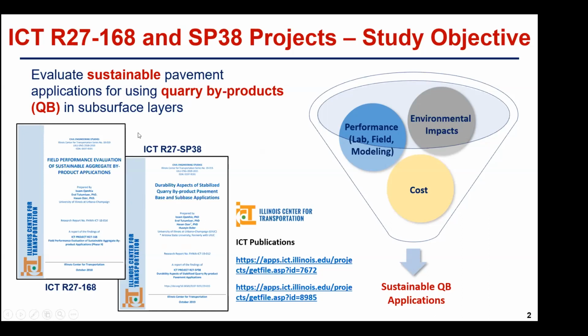The objective of both projects was to evaluate sustainable pavement applications for quarry byproducts in subsurface pavement layers. You can see here the link for the publications if any of you is interested.